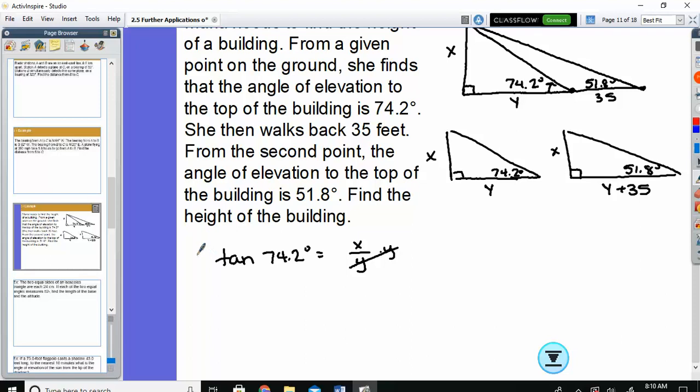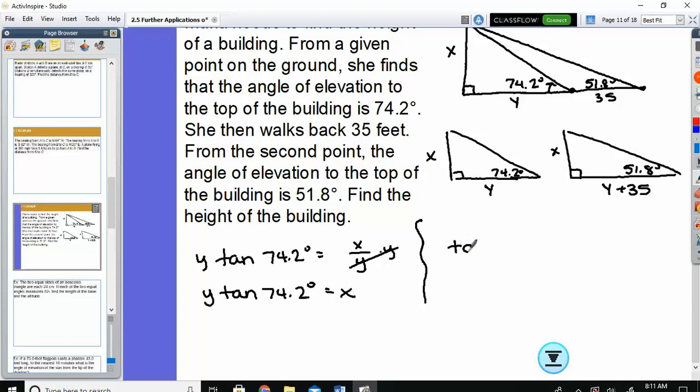So if we multiply the y over, but then I'm kind of stuck because I don't know x and I don't know y. So the second triangle, we could do something similar.